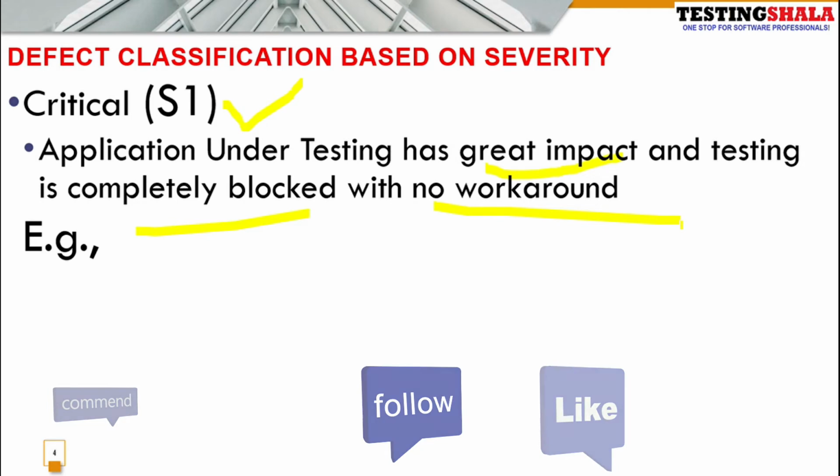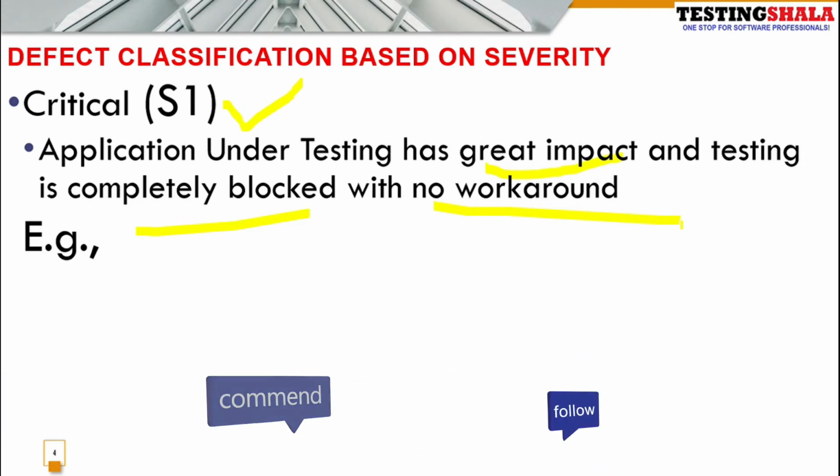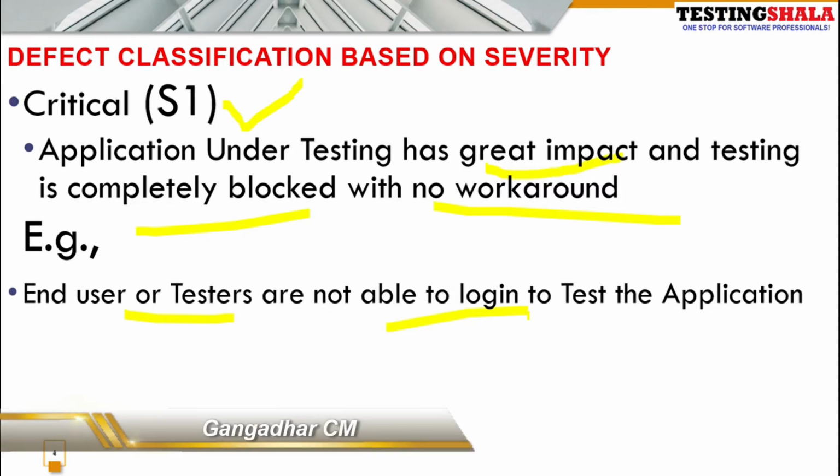For example, the end user or testers are not able to log in at all to the given application. Now you can imagine that if a tester or end user is not able to log into the application, it is very crucial and completely blocked for both. That is the time we normally log the defect as a severity 1 defect.